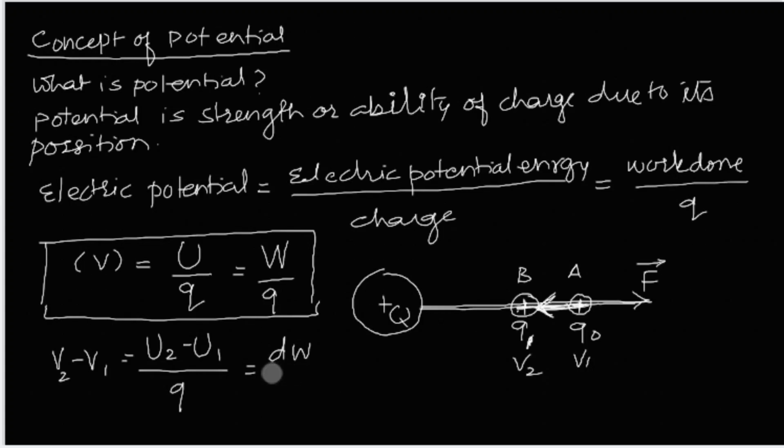Let us consider the small distance covered by this charge to be dr. That small amount of work is done to displace the Q0 charge from A to B, so we write small work W, divided by the charge Q.